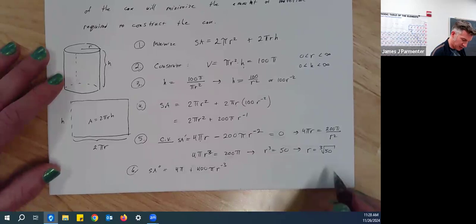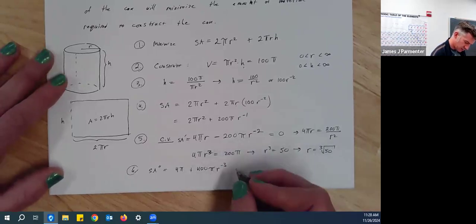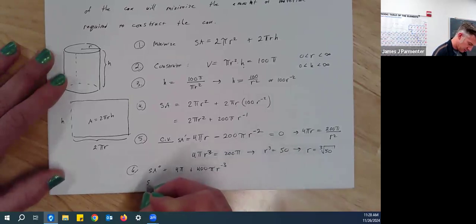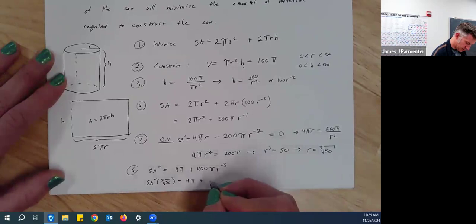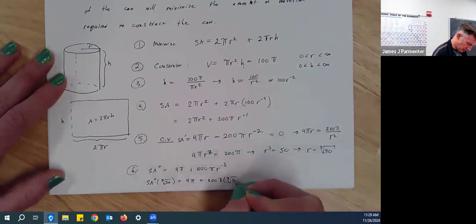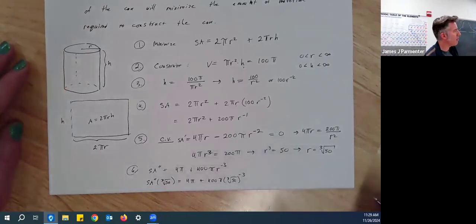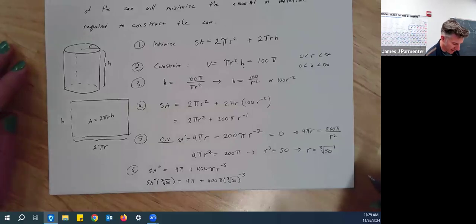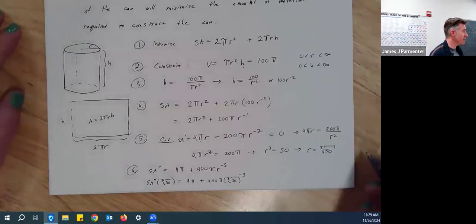And if I plug in the cube root of 50, I'm going to get 4 pi plus 400 pi times the cube root of 50 to the negative third. I'm going to stop because at this point, I can tell it's going to be positive. There's nothing negative in this.